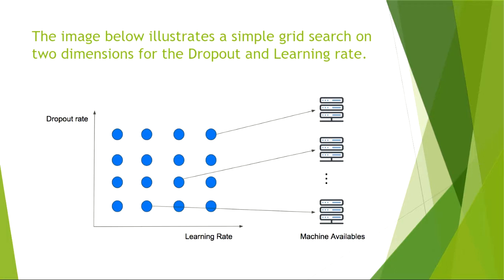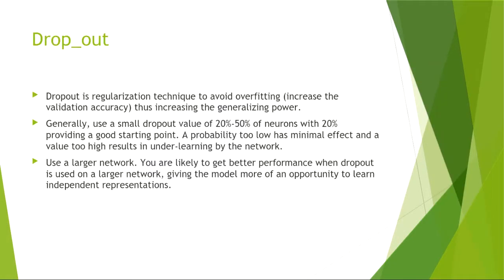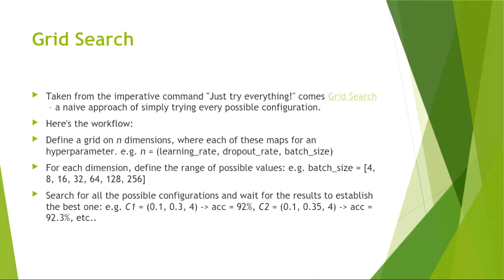This one is processing this particular part, this one is processing this one, and in between there can be others. So let's first talk about this. I'll talk about the learning rate also in detail. When we talk about grid search, we talk about a grid. Let me show you where the diagram is.